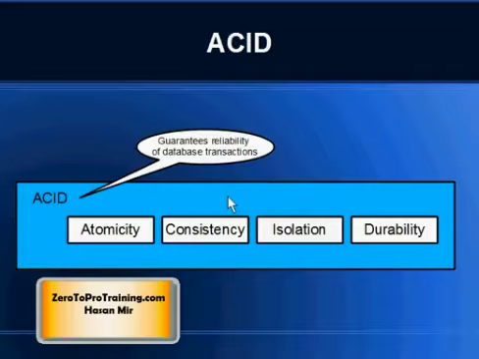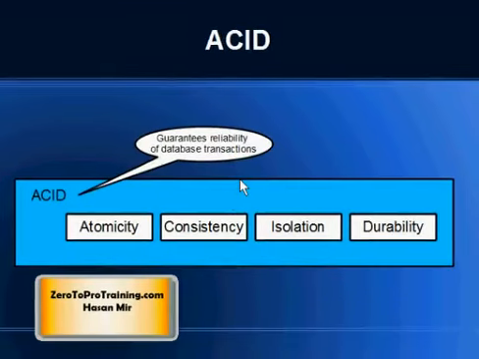So 4 attributes are covered under this broad term ACID compliance: atomicity, consistency, isolation, and durability. These are the qualities of an ACID compliant database, and SAP HANA database offers all these qualities.